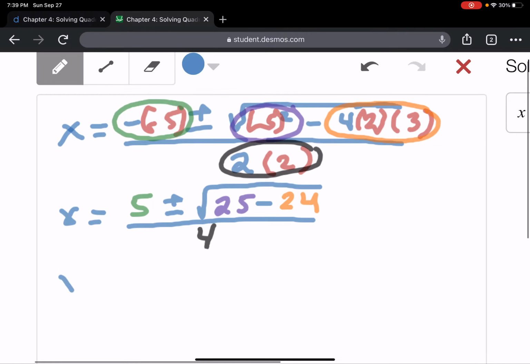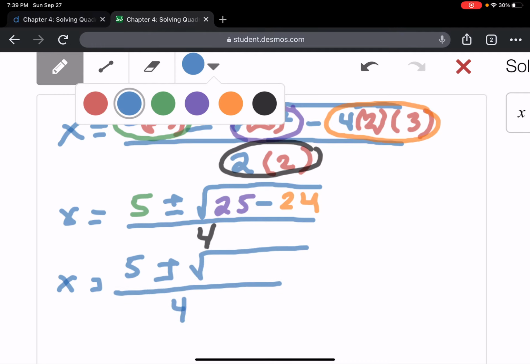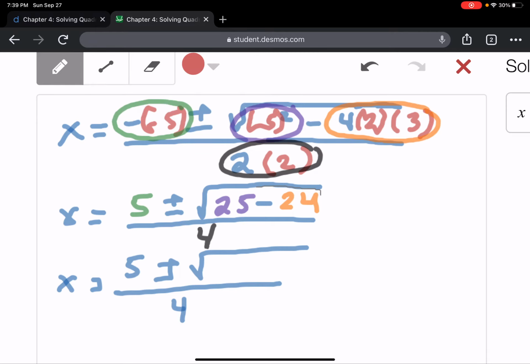All right, so you see how it just took pieces of the operation and I brought them down. So there's still some more to simplify, so I'm going to do the inside of my square root. So I have 5 plus or minus the square root of something over 4. This, 24 minus 25, that's 1.